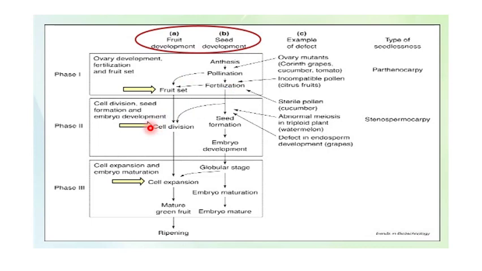During the cell division phase, which is the second phase of fruit development, the increase in fruit size is slow because the dividing cells are small and tightly compressed, and the number of cells decides final fruit size.